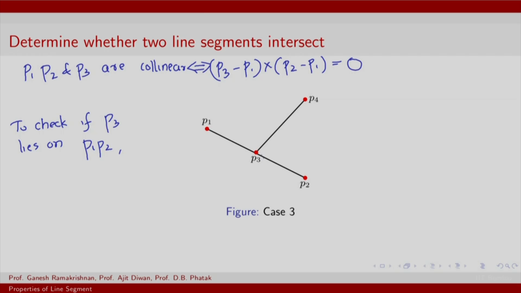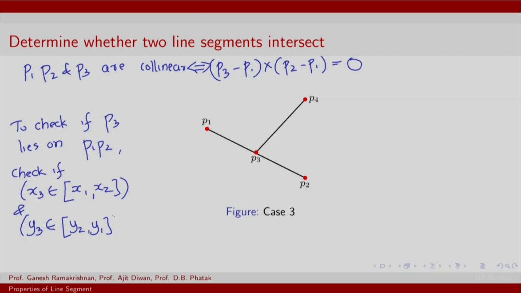we are going to check if the x coordinate of P3 is between the x coordinates of P1 and P2. X3 should be exactly in the line segment or in the closed interval x1 x2 and check if y3 belongs to the closed interval y2 y1.